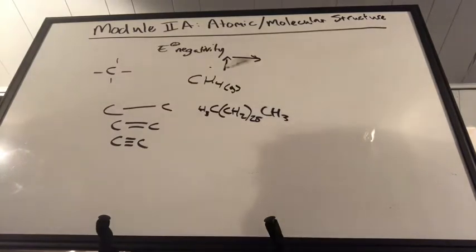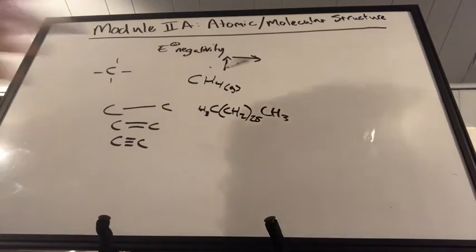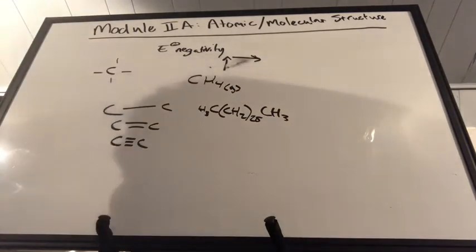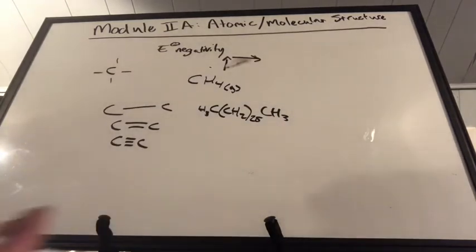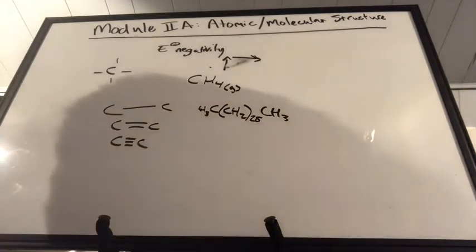That's where increasing electronegativity is going to be on a periodic table. So your fluorine, your oxygen, your chlorine, those are going to be the most electronegative elements. What that means is those are going to be the elements that draw as much electron density as they possibly can from other things to which they're attached.